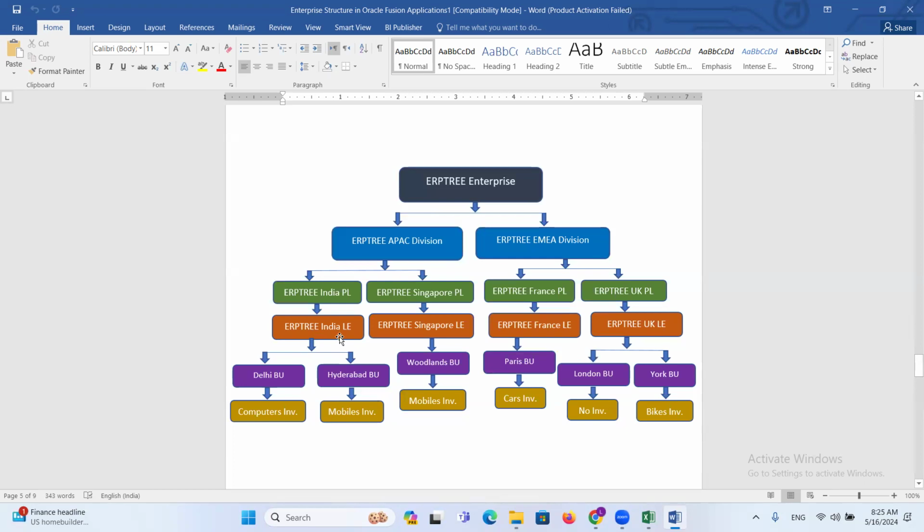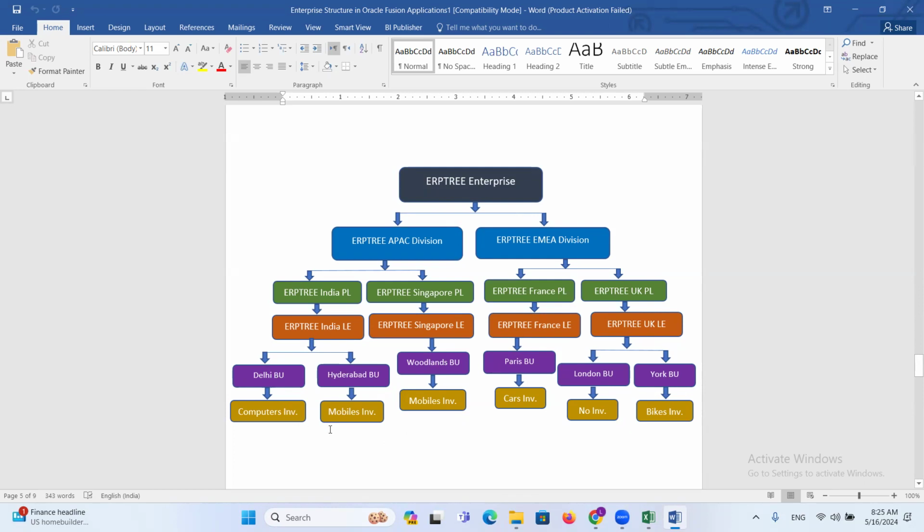In India, they are operating the business in two locations. Two locations they can take as two business units, or else for two locations they can take one business unit. In Singapore, they are operating in only one location, one BU. France also only one location, one BU. In the UK, they operate in two locations, two different business units.